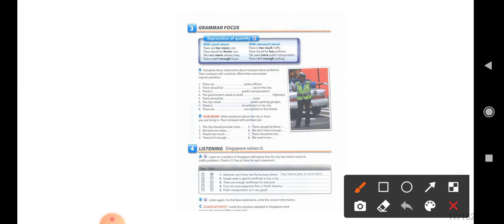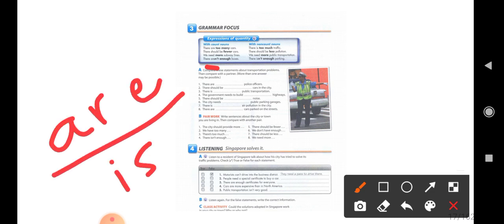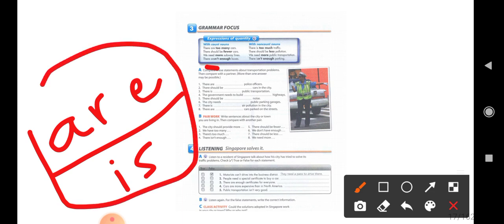Now, notice that the word more and the word enough are the same for count and non-count nouns. But with count nouns we can use the verb to be, are or is, depending on what the object is.